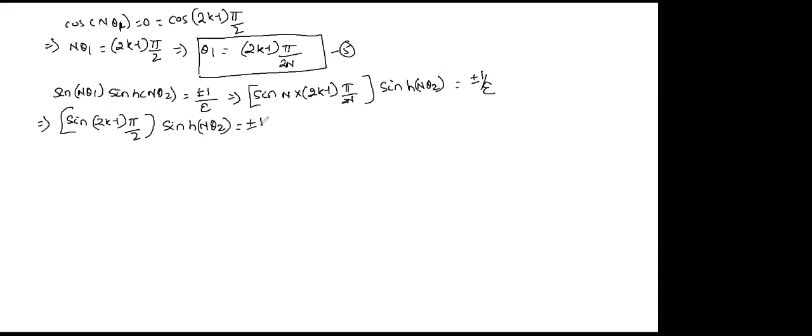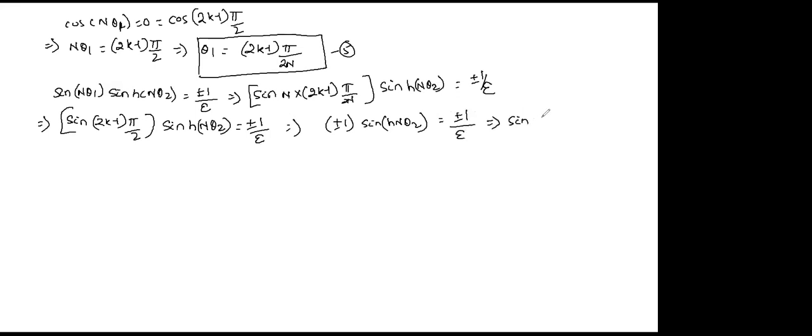Since this is sin of an odd multiple of pi by 2, meaning pi by 2, 3 pi by 2, 5 pi by 2, yes or not? So what is this value? It is plus or minus 1. We can write plus or minus 1 times sin hyperbolic n theta 2 equals plus or minus 1 by epsilon.